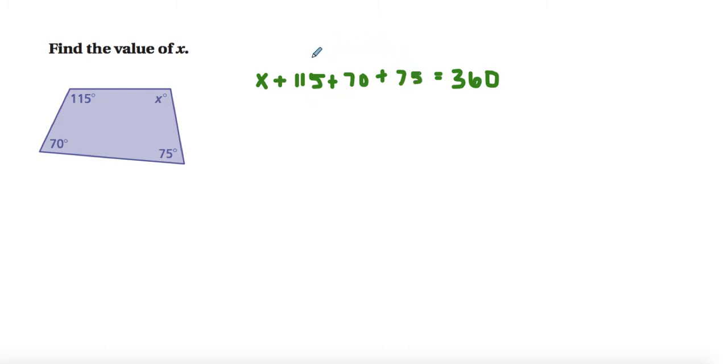I'm going to simplify this expression by bringing down my X. I'm going to simplify 115 plus 70, which is 185. And I'm going to bring down the rest of my equation.